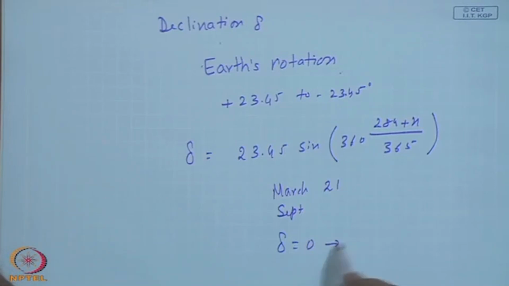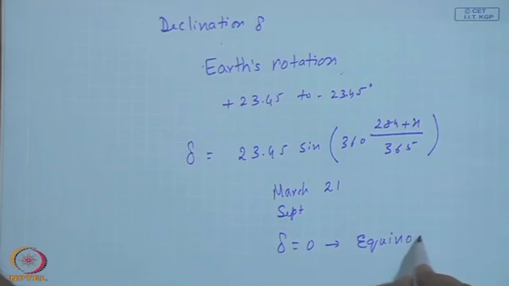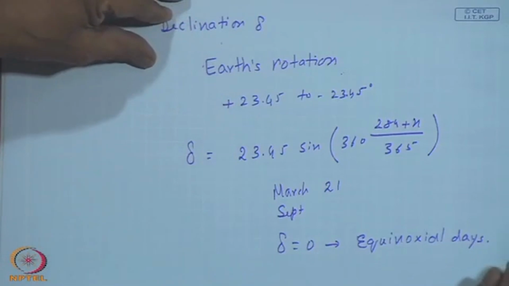These are called the equinoctial days. Similarly, in June and December, on the 21st, you have the summer solstice and the winter solstice, where you have the maximum, plus 23.45 in June, and the minimum, minus 23.45 in December.